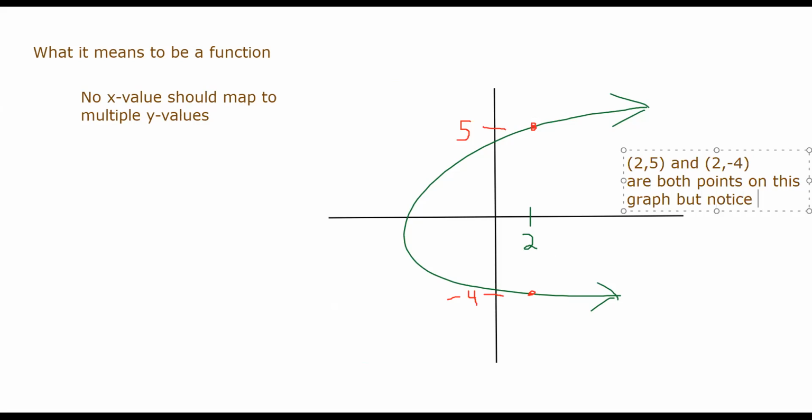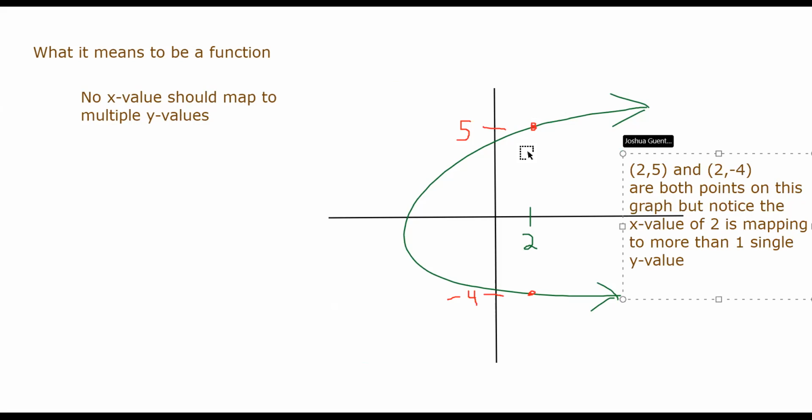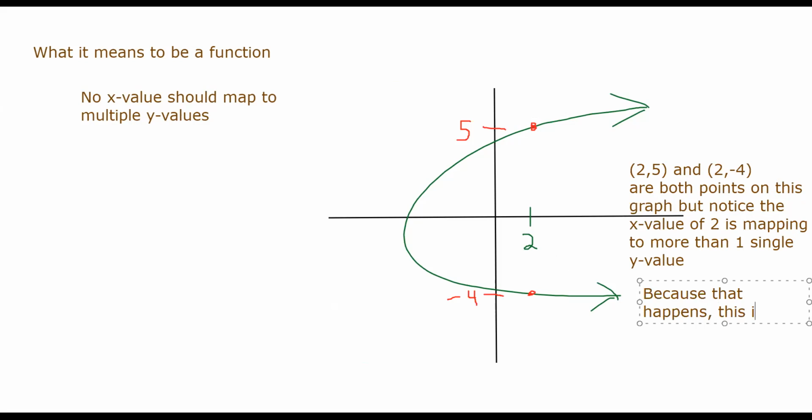But notice the x value of 2 is mapping to, or pointing to, more than one single y value. That's going to be a problem. Because that happens, this is not a function.